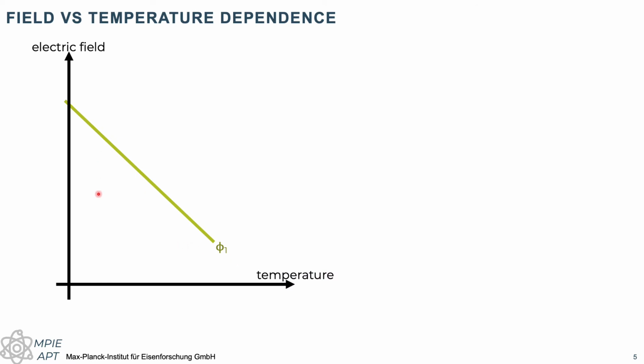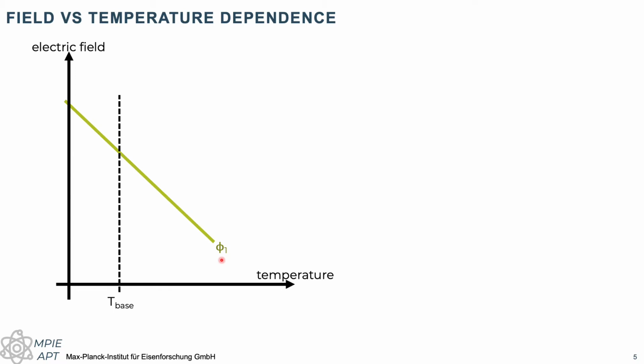Effectively, if I go back to the basics of field evaporation, which is the topic of a separate lecture, I look at the electric field I need for a certain temperature. I'm going to have a curve here corresponding to a certain rate at which I'm going to field evaporate the atoms.